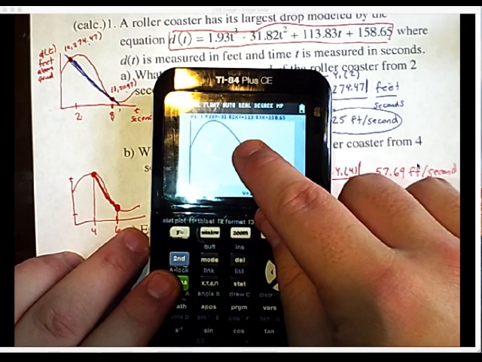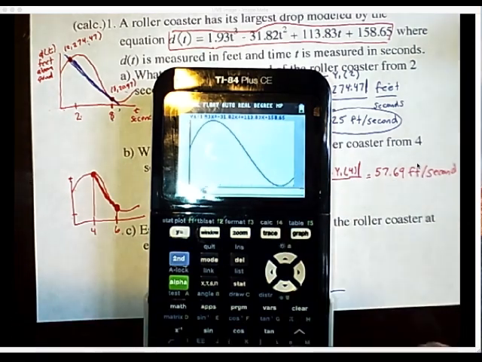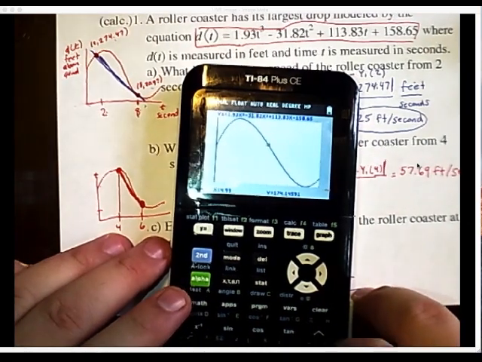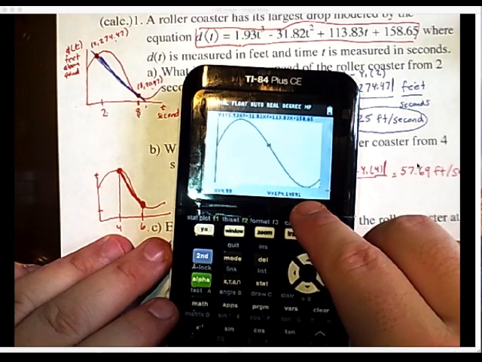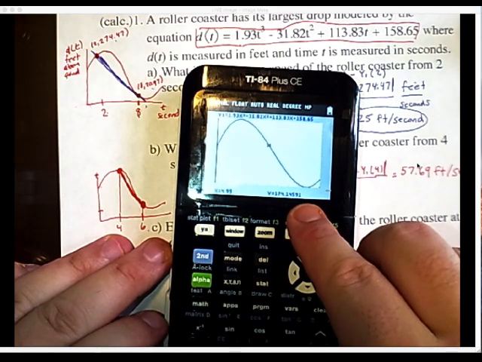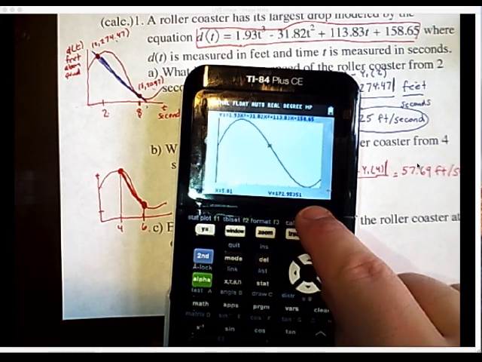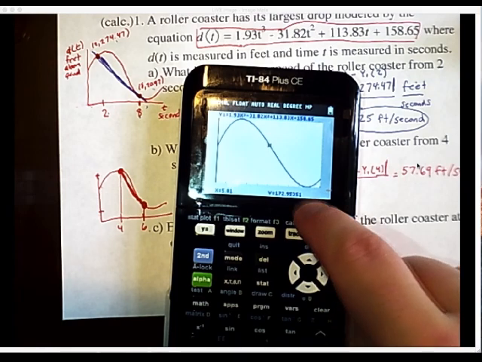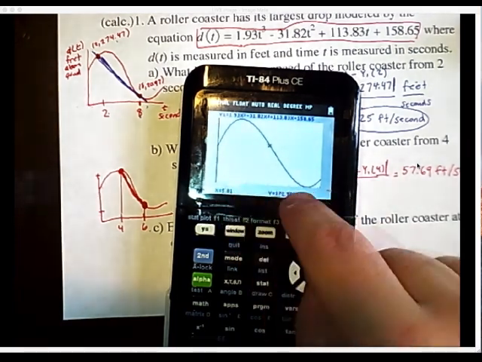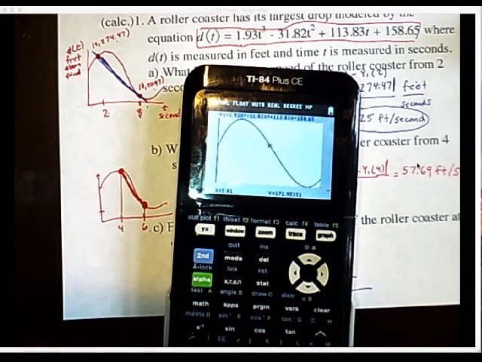The y value at 4.99, let me just show you. If I type in 4.99 here, the y value is 174.1459. But if I type in 5.01, it's 172.9535. Those y values are really, really close together.